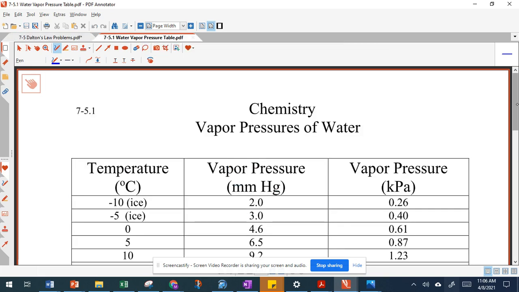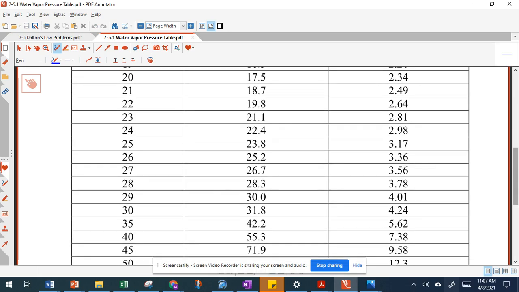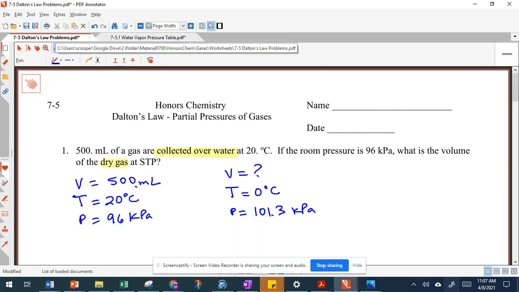So this is our vapor pressure of water, and we need to go down to 20. See that at 20 degrees Celsius, we have 2.34 kPa of water vapor pressure. So we're going to take this and subtract 2.34 kPa to get our dry gas.